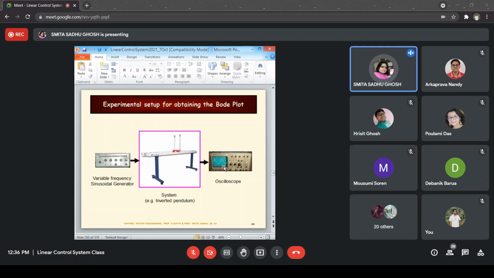So the output now I will be observing. What in the output will I be observing? I will be observing, first of all, the amplitude of the output. The amplitude of the output waveform divided by the amplitude of the input signal will give me how much amplification or magnification has occurred at 1 radian per second, right?